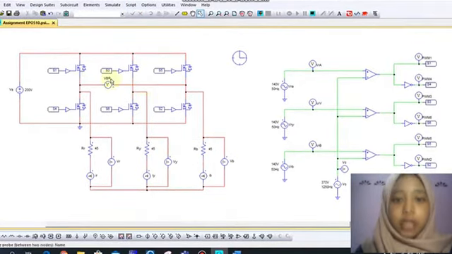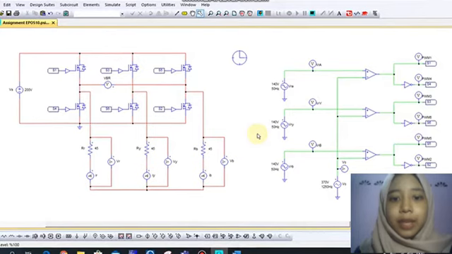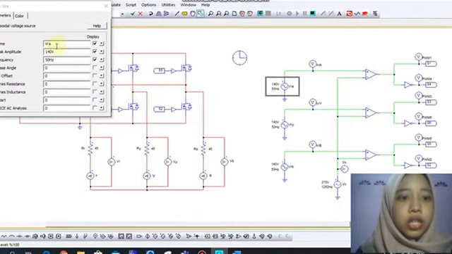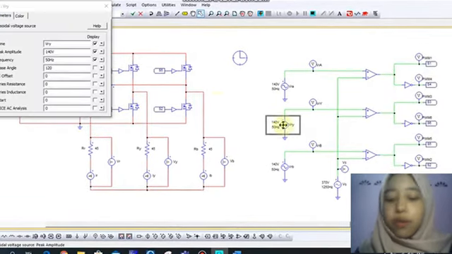Also in this circuit we have MOSFET, an ideal MOSFET as our semiconductor. In this part, we have the sinusoidal voltage source that has 140 volt peak amplitude, 50 Hz frequency and 0 phase angle.